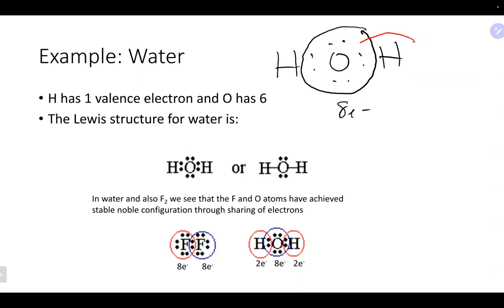Each of the hydrogens, by sharing with the oxygen, gets 2 electrons, which, as we just talked about, is exactly what hydrogen needs. So everybody here sharing electrons, all 3 elements, the hydrogen, the oxygen, and the other hydrogen, have now all achieved that noble gas configuration, and it's very happy in that way. Just like the fluorine there, each of them is gaining 8 electrons really through sharing and reaching that noble gas configuration. Any questions on that there?